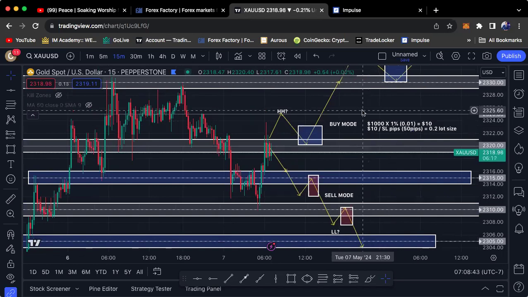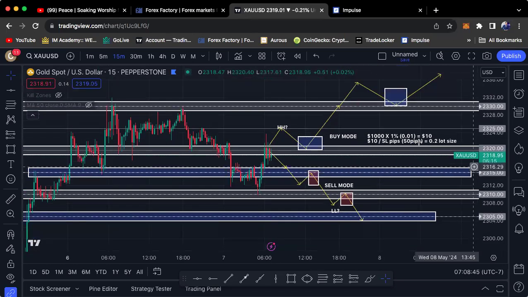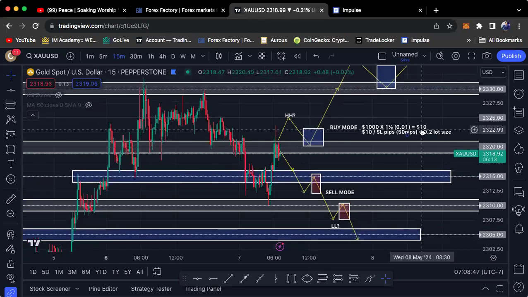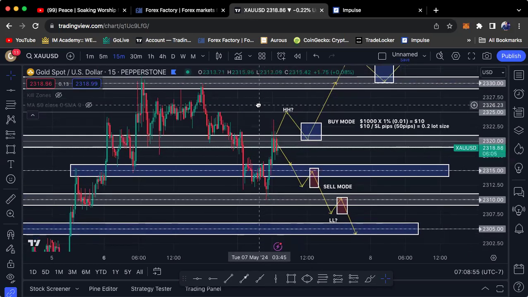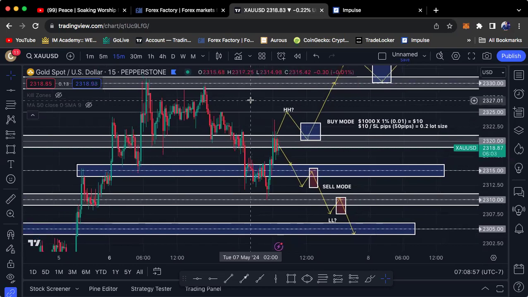This is what I see in the markets. Trade at your own risk. But this is what I see. Today, London session, this is all London session right here.